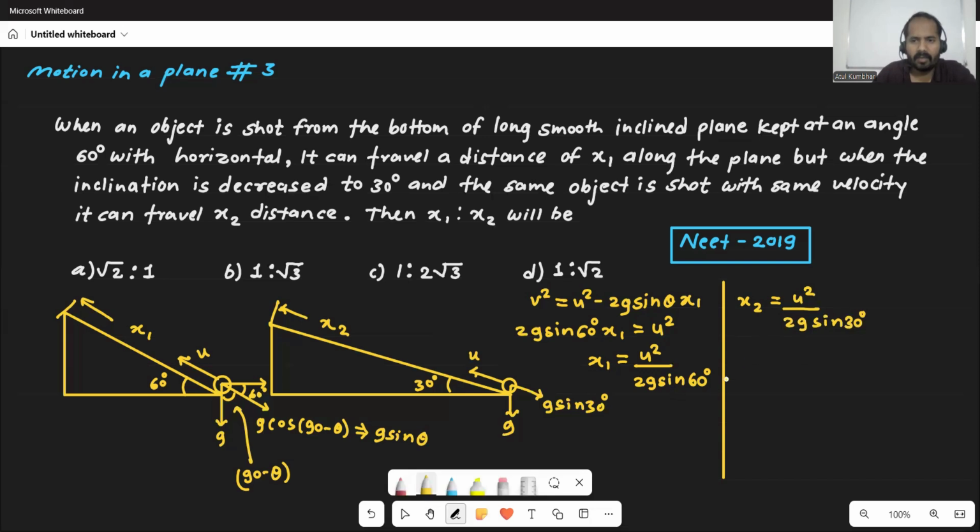And we need to take the ratio x1 to x2. So it should be u square divided by 2g sine 60, divided by u square divided by 2g sine 30. Let's simplify it.